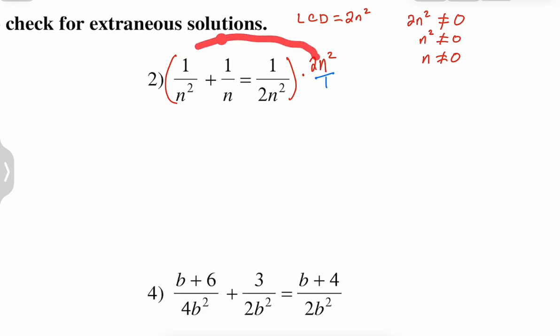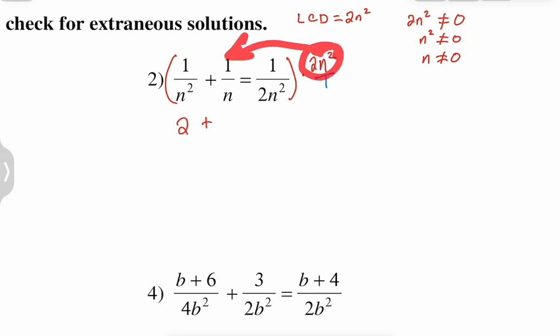We're going to distribute that, because as long as we multiply every single thing by 2n squared, we don't change the value of the equation. So 1 times 2n squared is 2n squared. If we divide off the n squared, that piece is reduced down to 2.